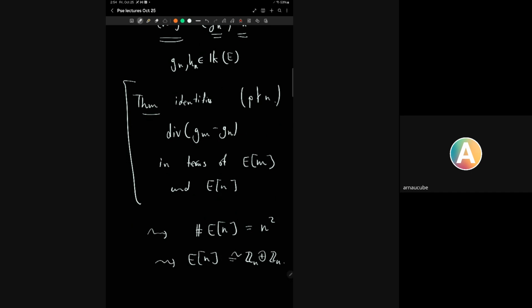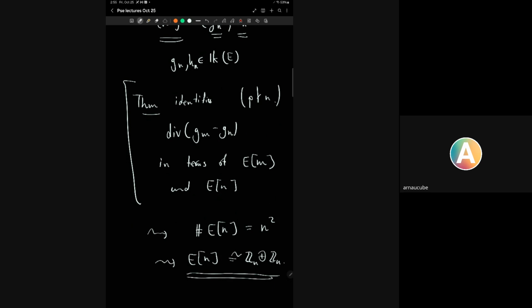So one question: this last thing is the same result that we got some minutes ago when you were talking about the n torsion points, right? This last thing about the group of the n torsion points of the elliptic curve being isomorphic to Zn plus Zn.